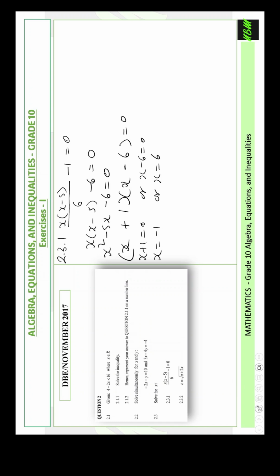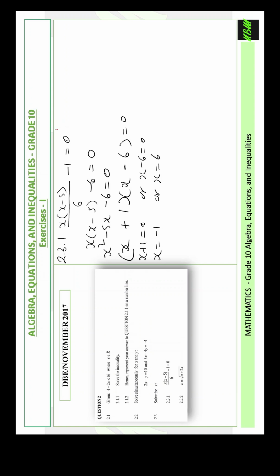Now, I think we've been doing a number of equations where you find that when you factorize the quadratic trinomial, you find that the last term is always negative.